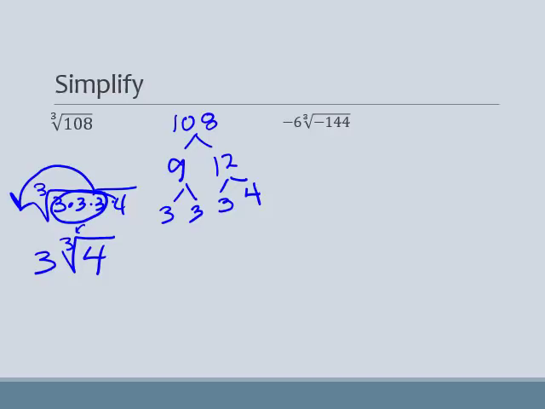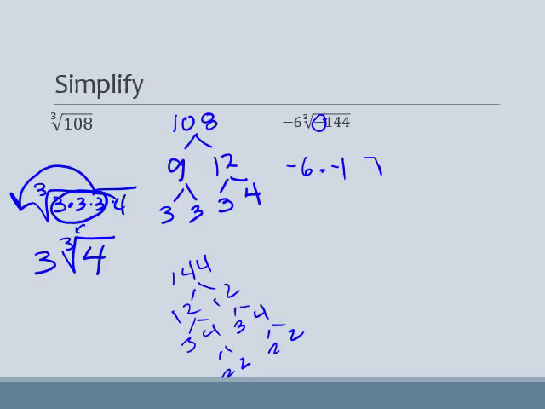Okay. So, last example for cube roots, -6 times the cube root of -144. We've already said it's okay to have negative, so you can even look at it as taking out a -1. Okay. 144 breaks down to 12 and 12. 12 breaks down to 3 and 4 and 2 and 2, so we've got that twice.